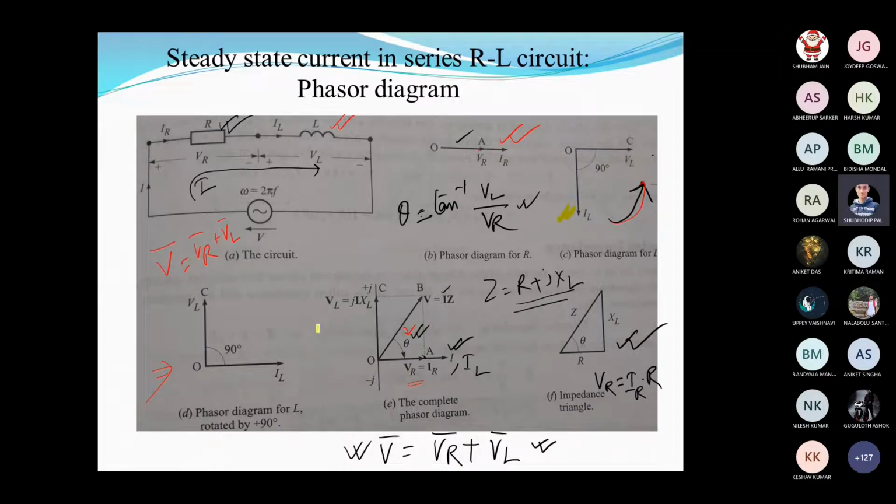We get this, since IR and IL are the same in the circuit. In order to make them in the same direction, we have just rotated this. So here VR is in this direction, VL in this direction. We have taken the phasor sum VR plus VL. We got the V. So V is this IZ actually, right? IZ.